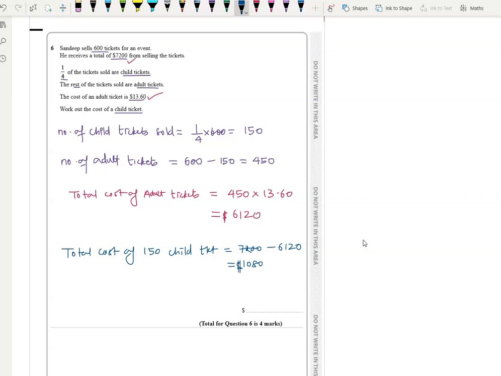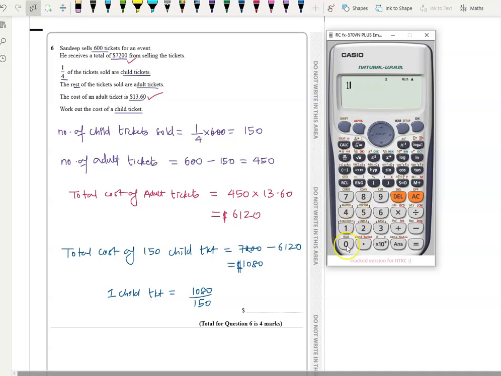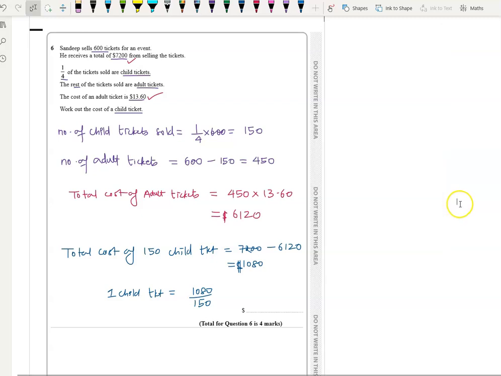Now this is the cost of 150 tickets. We want to find the cost of one child ticket. To find the cost of one child ticket, you will divide 1080 by 150. So 1080 divided by 150 gives you 7.2. So the cost of one child ticket is 7.20.